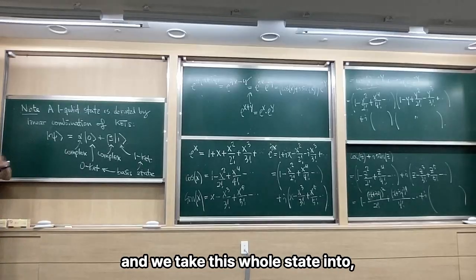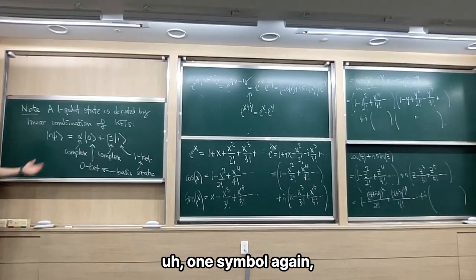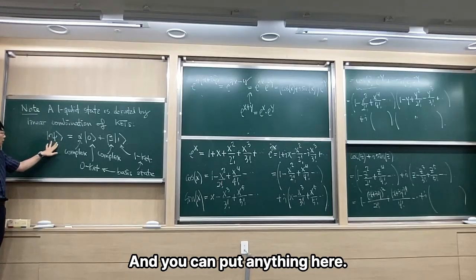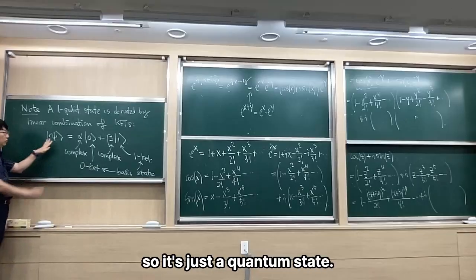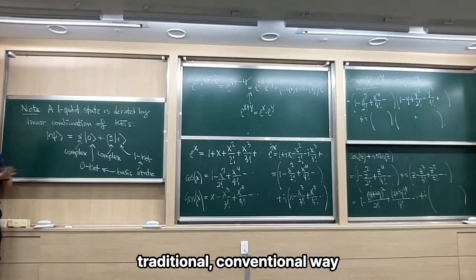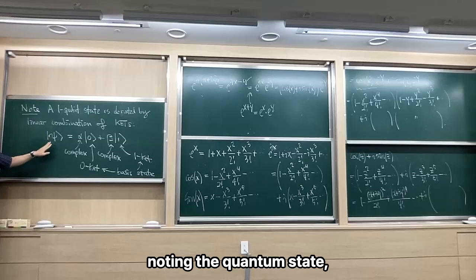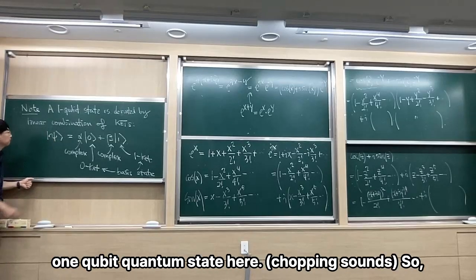And we put this whole state into one symbol again, usually with ket notation. You can put anything here. I put psi here, so it's just the quantum state.